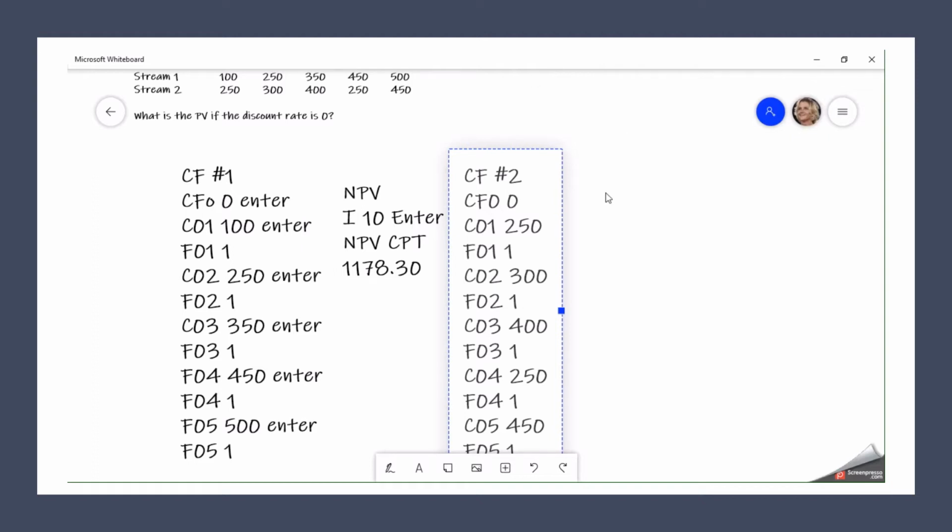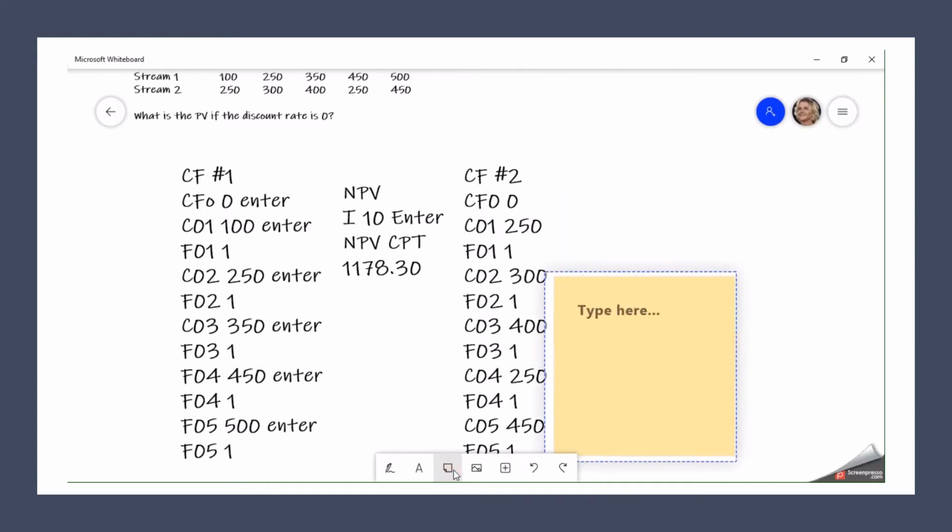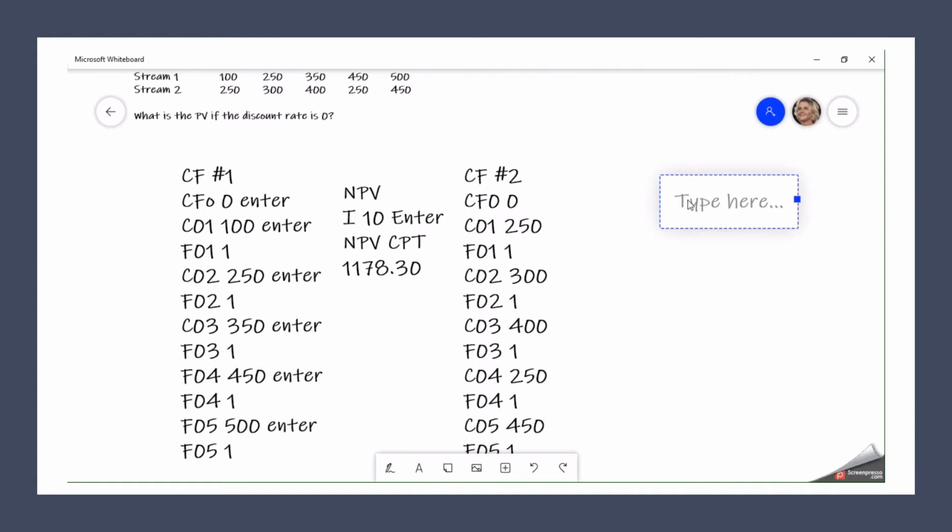I got that all in. Then we'll hit our net present value button. Our I is still going to be equal to 10. Come down to the net present value and then push compute. And we get $1,225.90. So the second cash flow has the higher net present value.